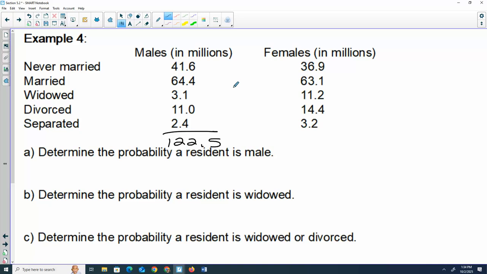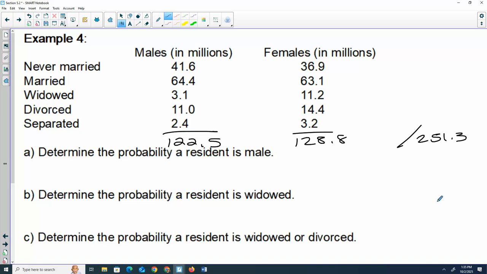I think the difference is between divorced and separated. They're separated, but it's not legally. Okay. So my grand total, I get 251.3.